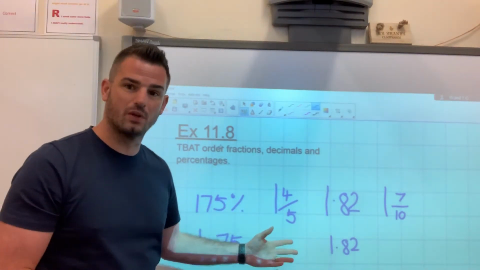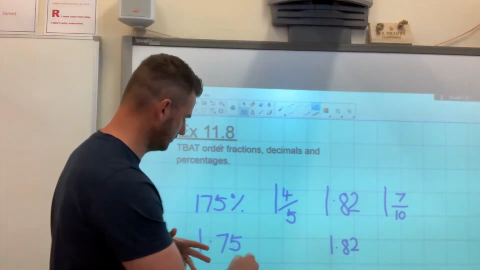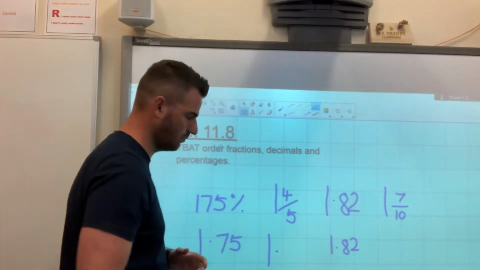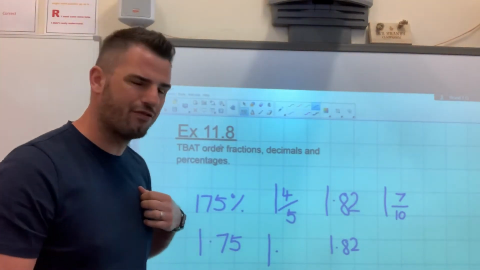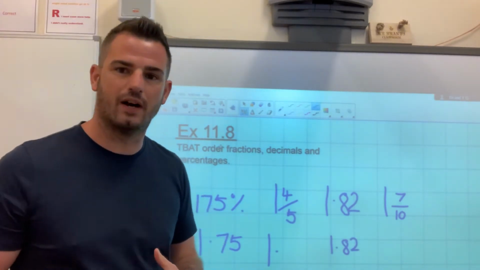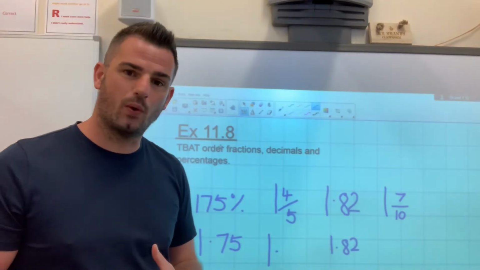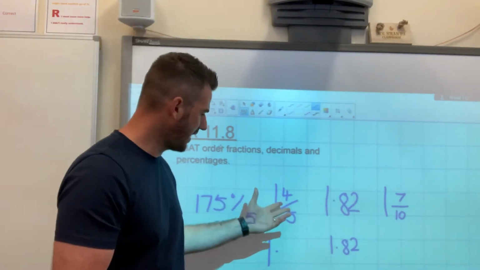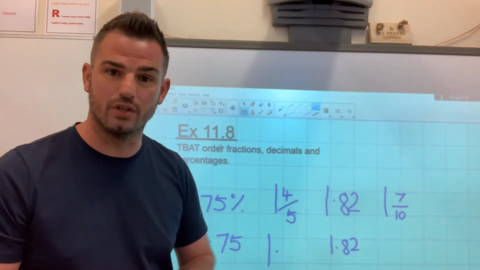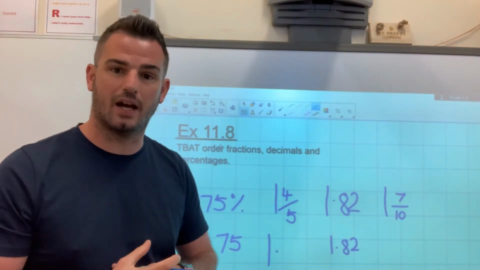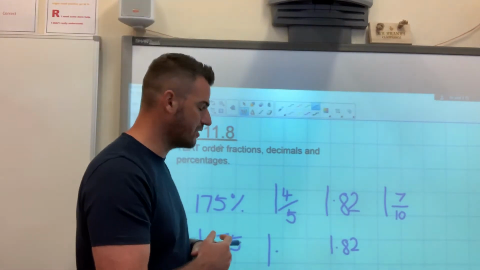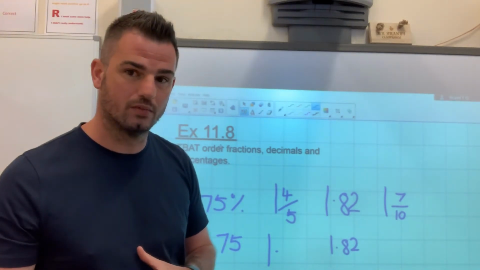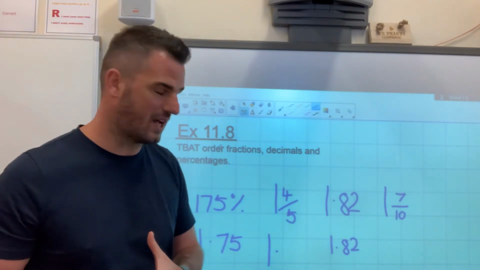1 4/5. Well, again, we've got more than one whole, and we've got 4/5, 4 out of 5. If we quickly convert that and put it as a fraction over 100, if we make that bigger as a fraction over 100, we would end up with 80 over 100. 4/5 is the same as 80%.